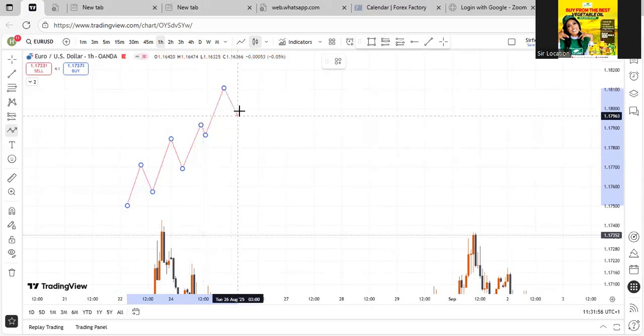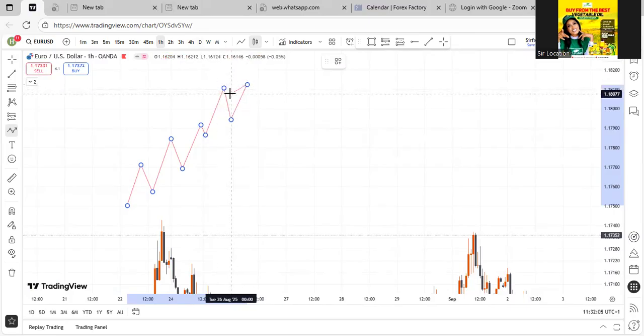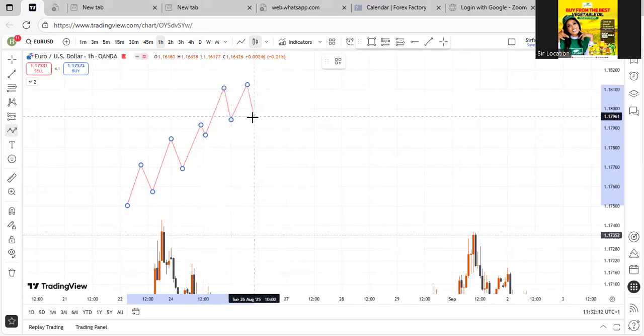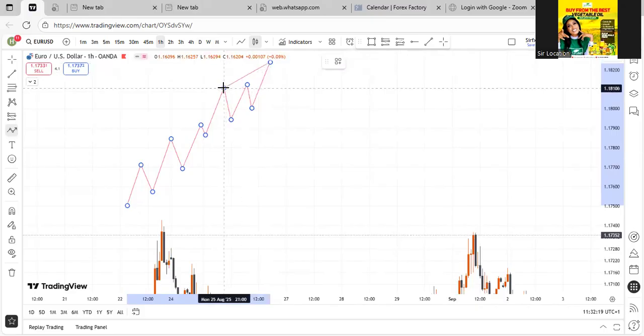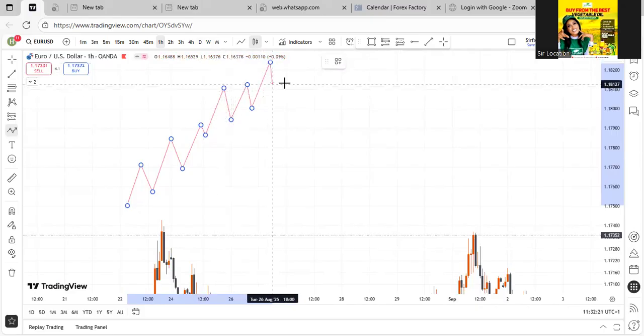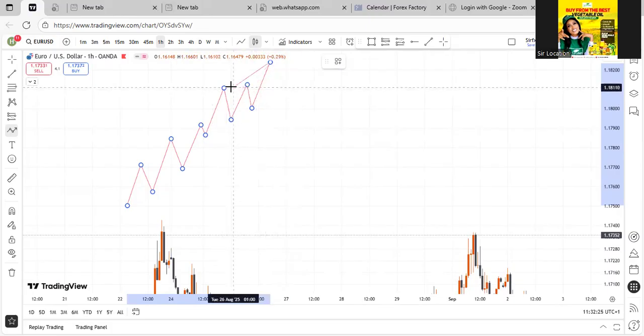After this higher high, the market will do something like this: higher low, double top. From here, you might be confused. I'm sure this market is not trying to pull back to the downside. You might see something like this: higher low, higher high. Then this zone, the market will take this zone out. Then at times, many people will be looking to buy from this zone and from this order block.